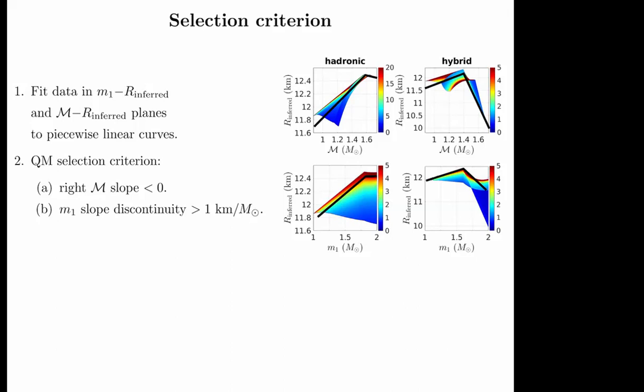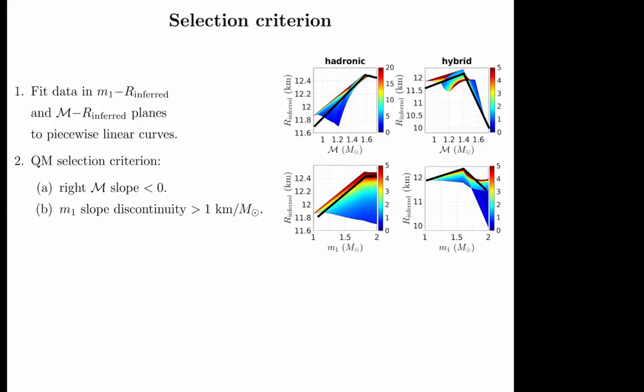The second selection criterion is that the slope discontinuity between the two piecewise linear segments here is greater than 1 kilometer per solar mass. If these two criteria are met, then we say you have a quark-matter core.